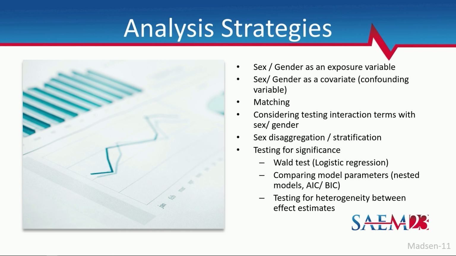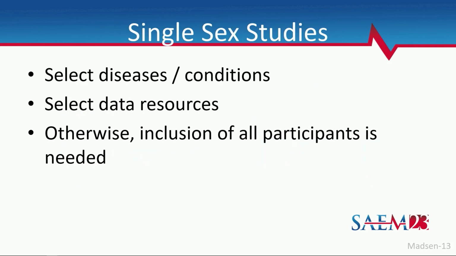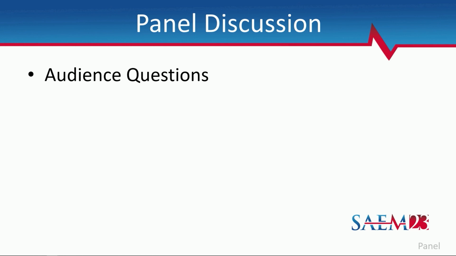I've seen papers that build separate models, some with the sex interaction term, some without it, and then look at either nested models or compare model parameters. And then there are ways to test for heterogeneity between effect estimates if you're stratifying your sample. So this could certainly be its own talk, thinking about analysis strategies, but really important to think about carefully. And I think we've covered everything else.